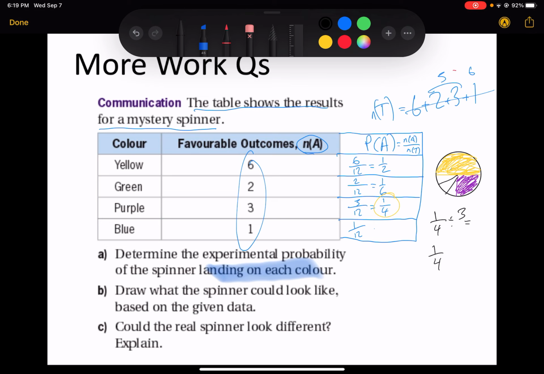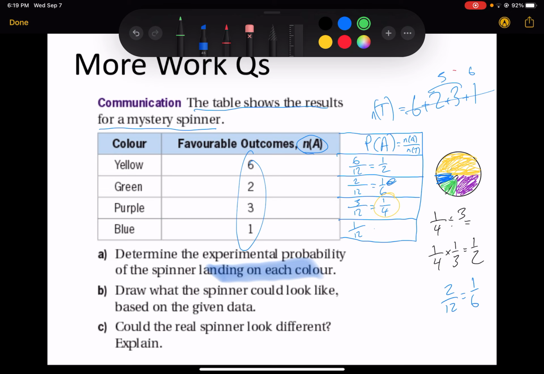That's equal to 1/4 times 1 over 3, which is equal to 1/12. So the 1/12 is going to be blue, and 2 of these, 2 over 12, which is equal to 1 over 6, is going to be green.